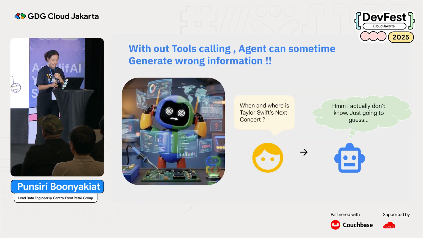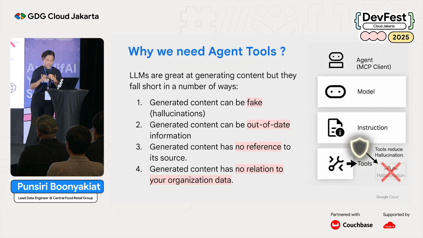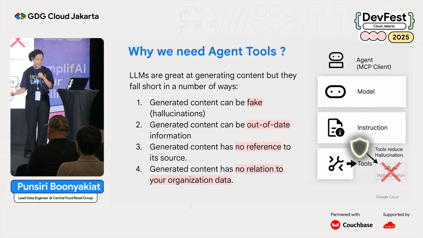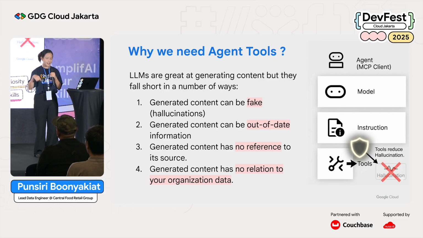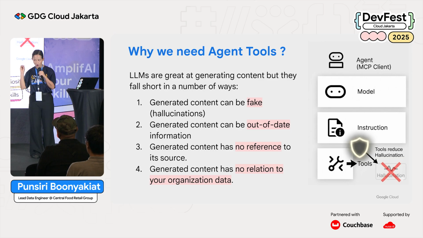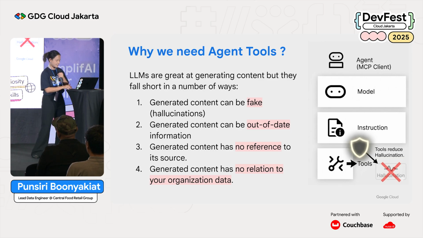So here you obviously see the power of tools. Tools help AI prevent hallucination because it gets the latest data and has a reference for where the data came from. And the last important thing about tools is that you get the exact data of your organization to serve to the users of your AI agent.